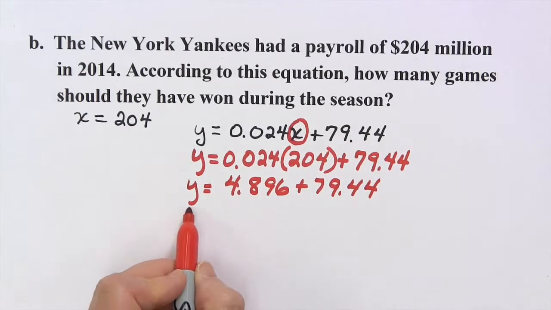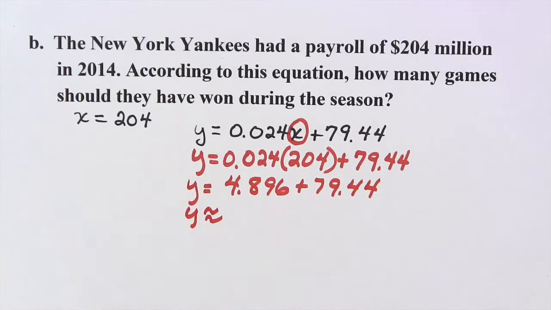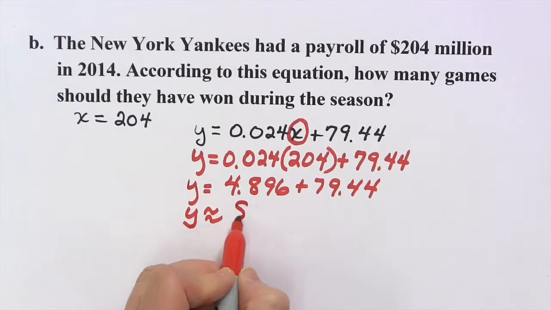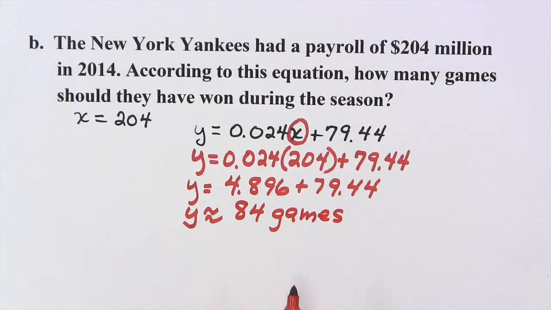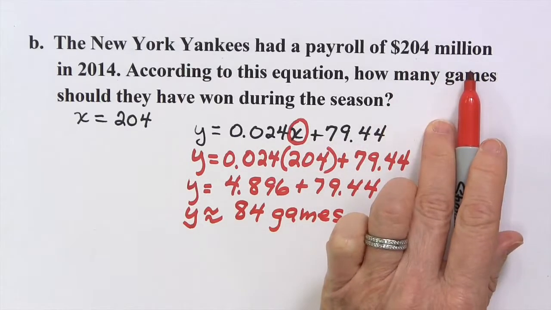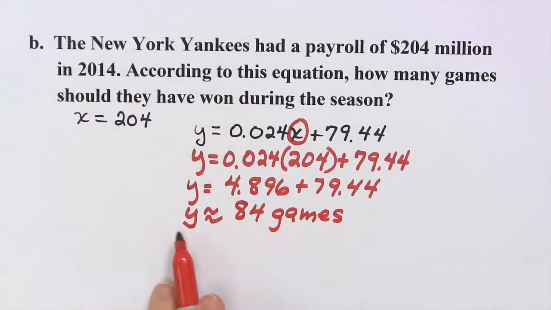I'll let you add and then approximate by rounding to the nearest whole. If you add these two and then round to the nearest whole, you will have 84. And remember, that stands for 84 games. So with this payroll, this team should have won 84 games during their regular season. So that's part B, just getting used to that equation.